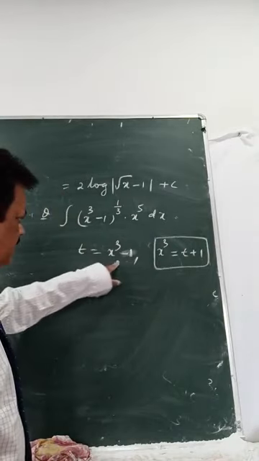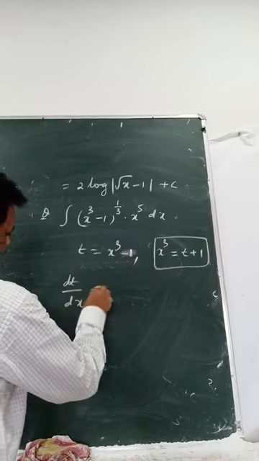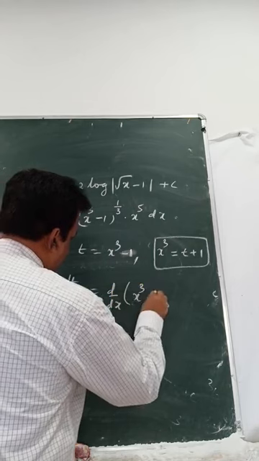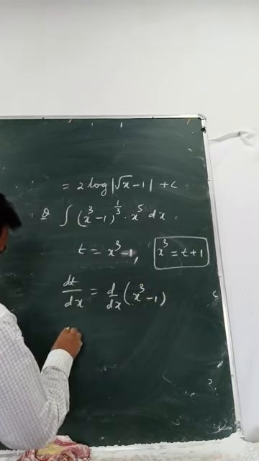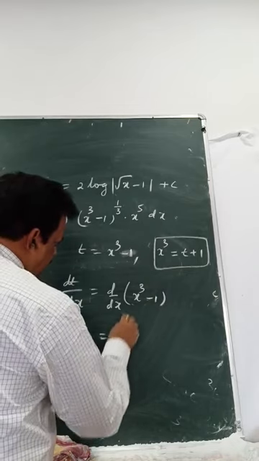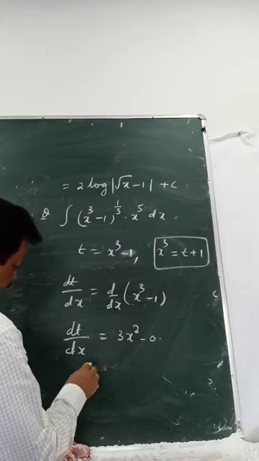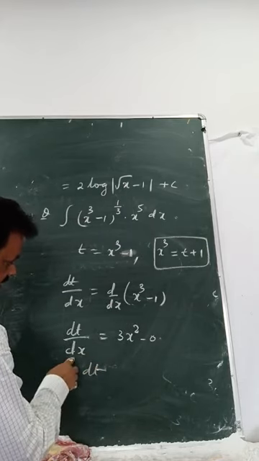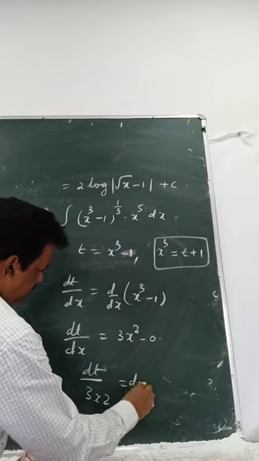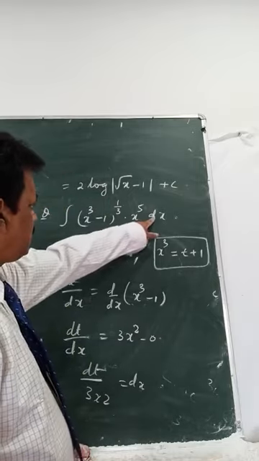But now differentiate. dt by dx is d by dx of x cube minus 1. This is 3x square minus 0. So dt, you have to always find dx. dt by 3x square equals dx. Got here? dx you got. So that dx will be put here.